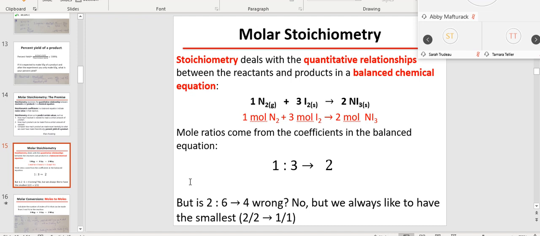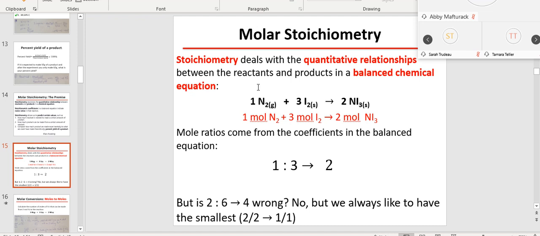First thing you do, you make sure this thing is balanced. So here I have 2 nitrogens over here, and I have 2 nitrogens over here. Is good. Here I have the 6 iodines. Here I have 2 times 3 is 6. So this is balanced.